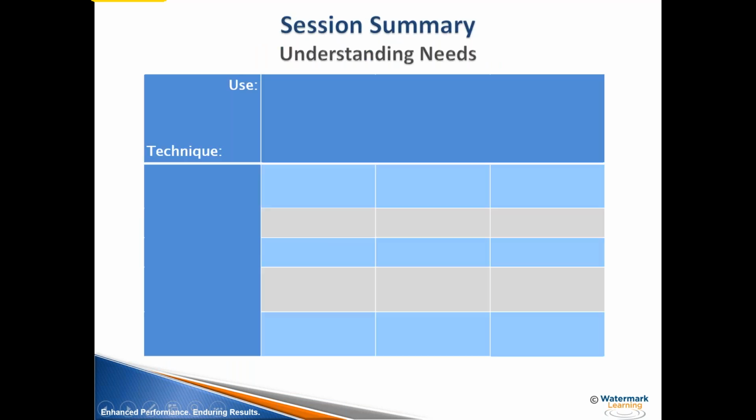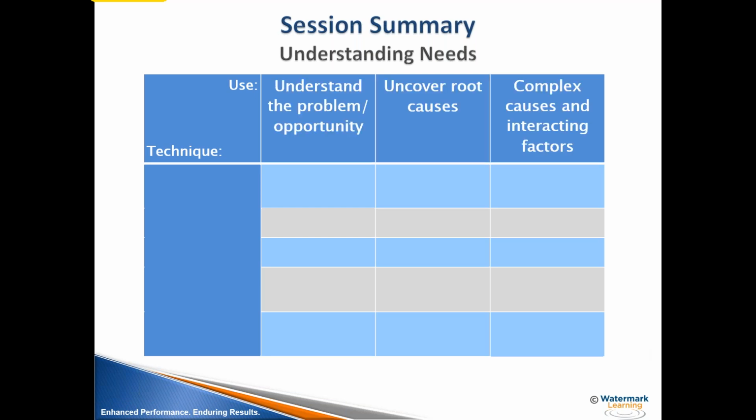So as we wrap up, I want to just summarize by saying we've looked at root cause for basically 3 different techniques, or 3 different circumstances. One is the understanding of the problem or opportunity, or the uncovering of root cause, as well as looking at complex causes and interacting factors, if those exist.